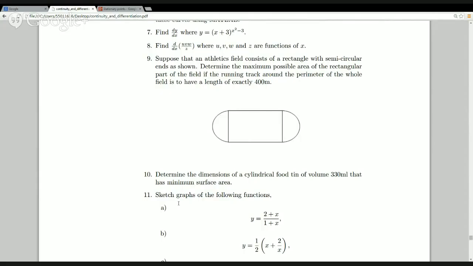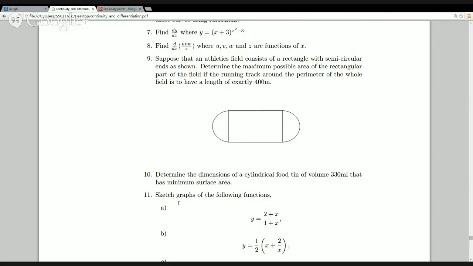Now the area of the central field, A, is given by, well, this is just the area of a rectangle. It's not too hard to write down. It's just the width by the length, isn't it? Now this area isn't fixed.